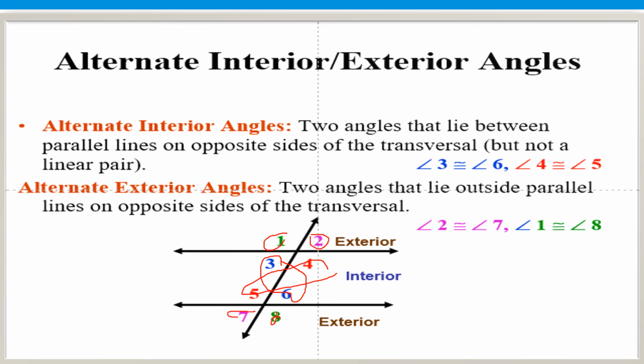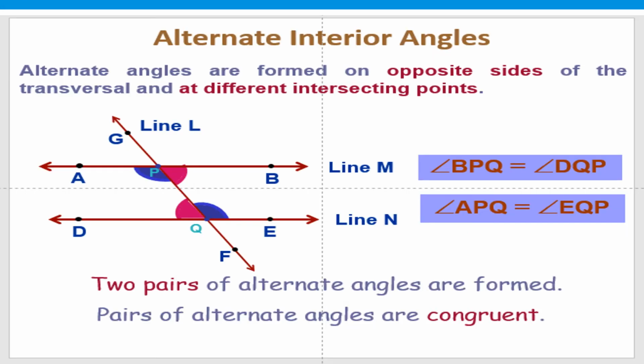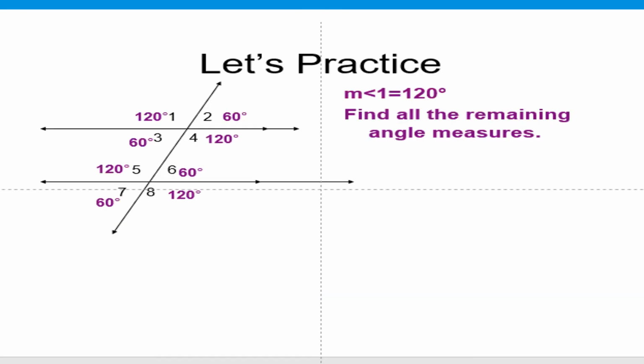Alternate exterior angles are angles that lie outside parallel lines on opposite sides of the transversal. So two pairs of alternate angles are formed. Pairs of alternate angles are congruent, of course, because they have the same measurement.